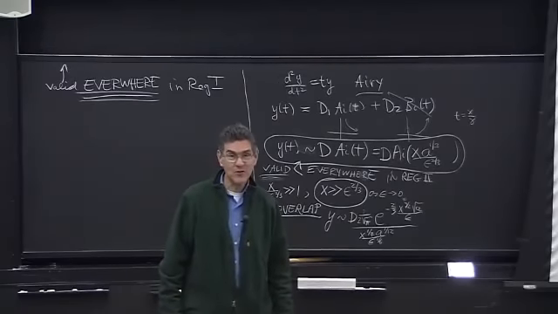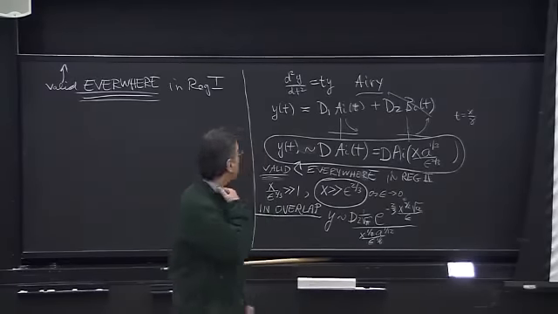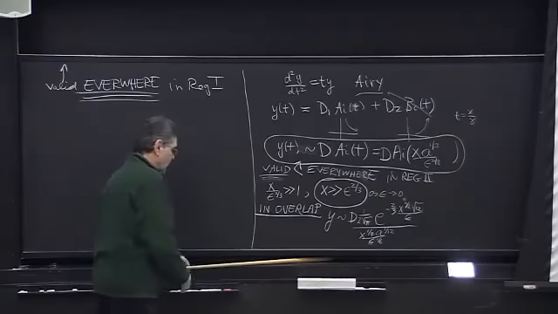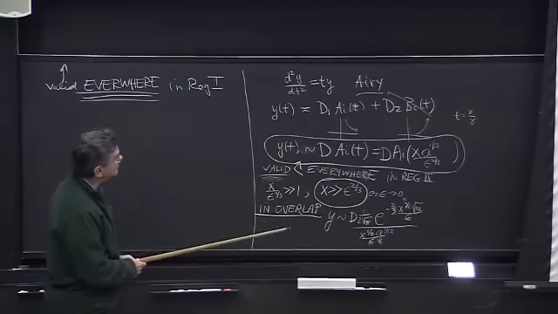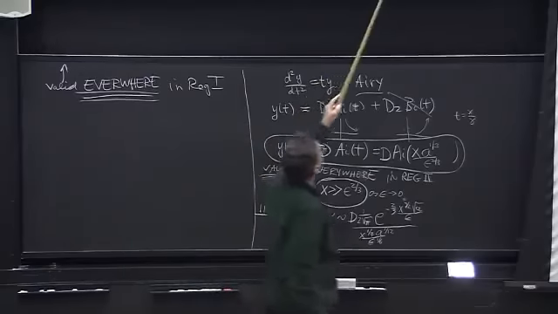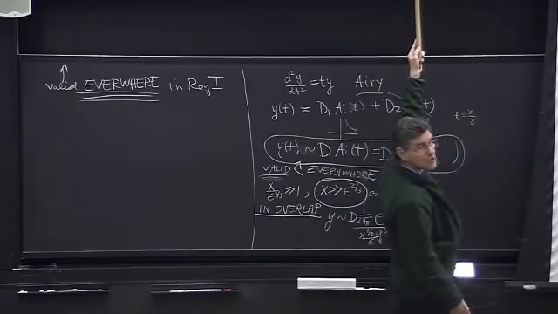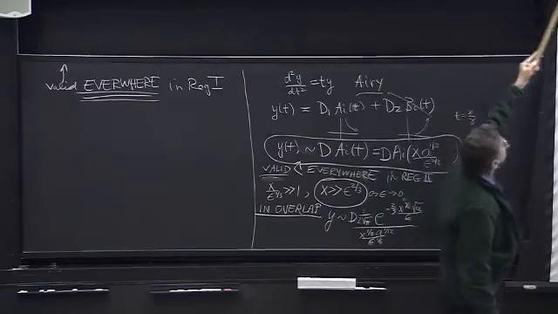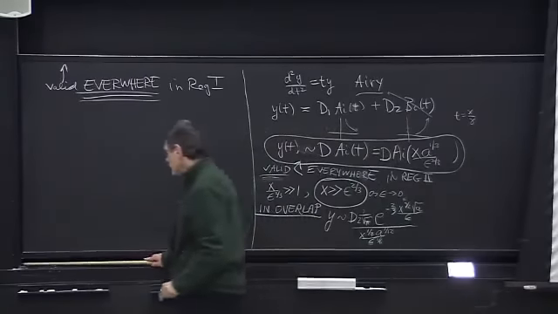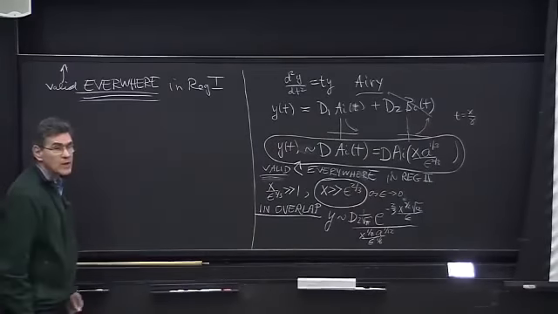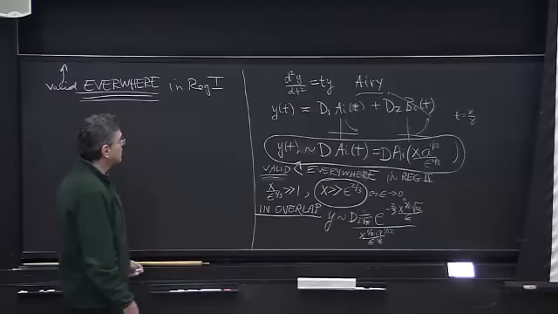Are you following this? Let's go back to the WKB approximation. This is valid everywhere in region 2, that is, starting somewhere above 0 and running all the way off to infinity. But suppose we look in the overlap region.